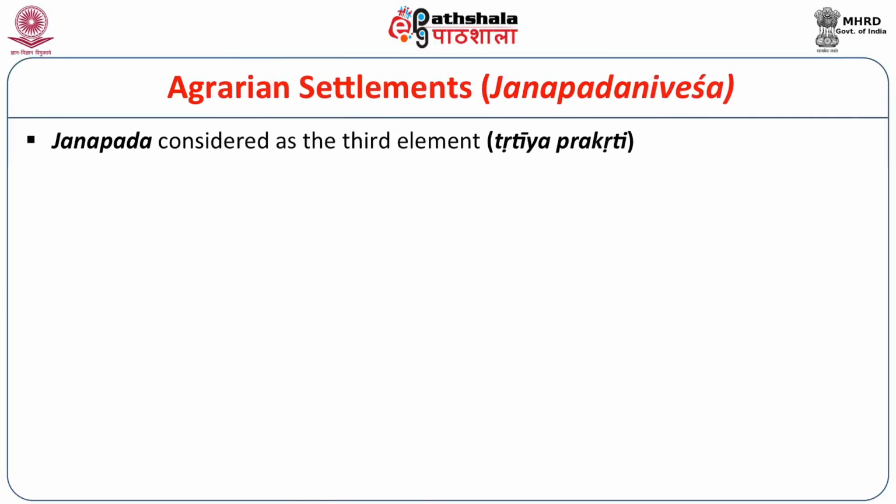Agrarian settlements, particularly the Janapada, are considered the third element, Tritiya Prakriti. What is it? This is also an important part of today's discussion.